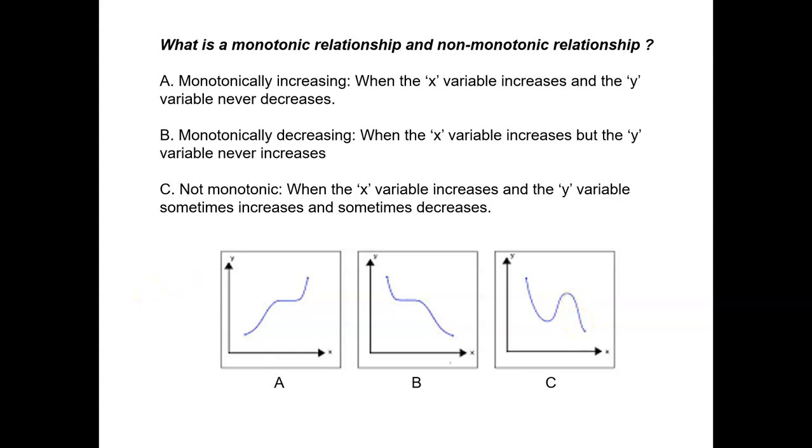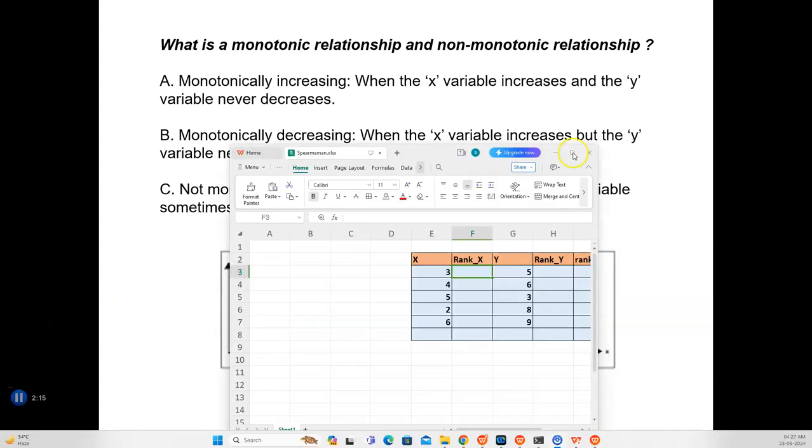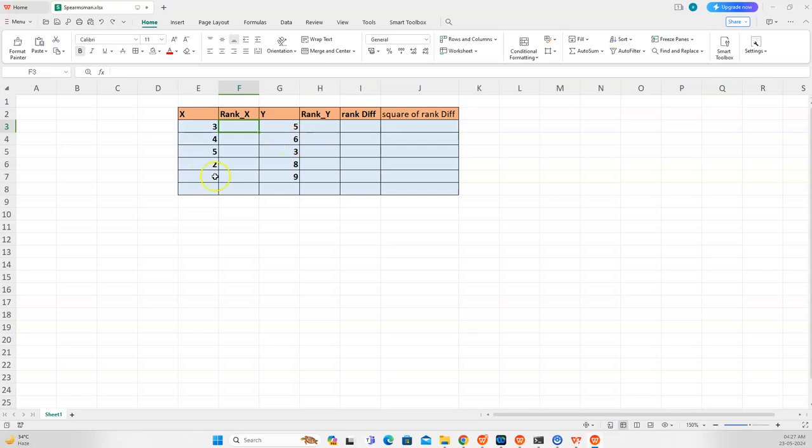So now let us do the calculation of Spearman's correlation coefficient. I am now in an Excel sheet where I have two numeric variables, one is x and one is y. We have all the 5 values of x and y, and I'm going to create two more columns, rank x and rank y. This will give me the rank of each observation in x, and this will give me the rank of each observation in y.